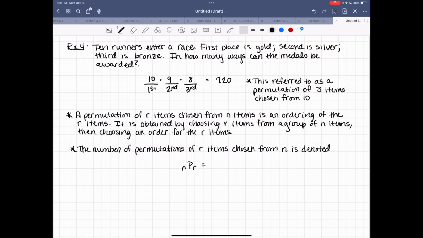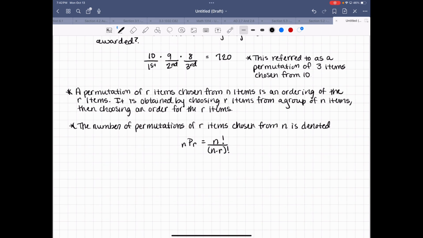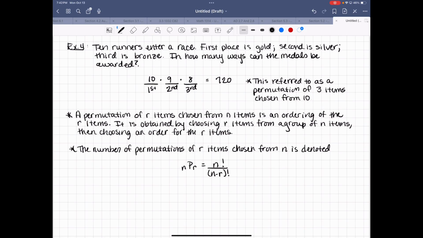And that will equal, here's where your factorial comes in, N factorial over N minus R factorial. Okay? Guys, in the example that we had, it makes sense, okay? Because we chose 3, so right here, I'm gonna come up here. We chose, this was 3. We had what, 10 items? 10 choose 3, right?